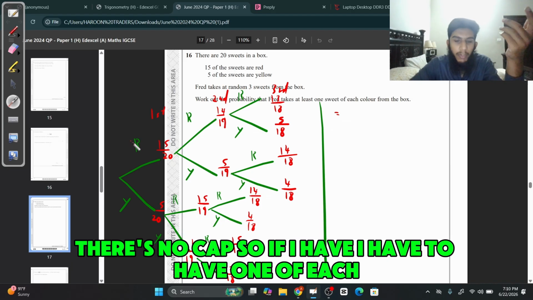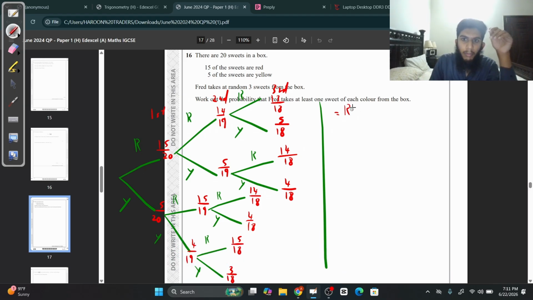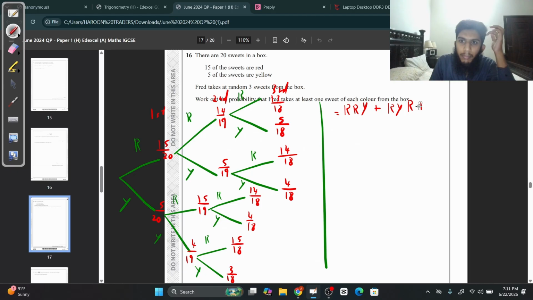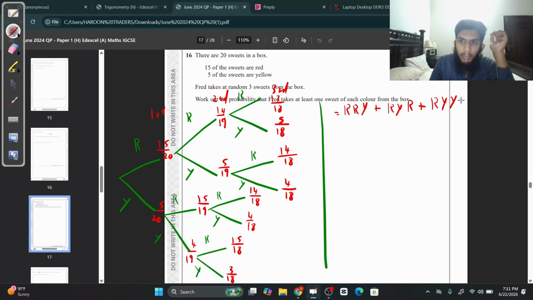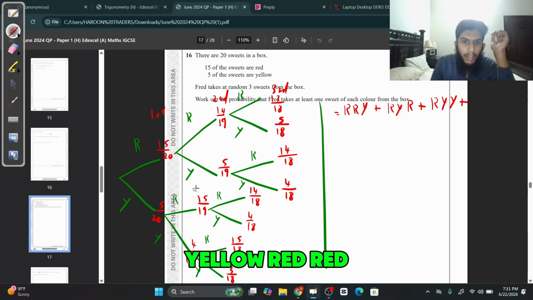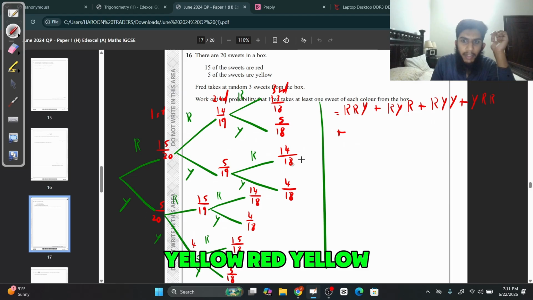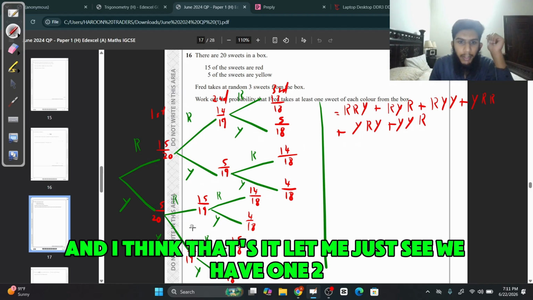So if I have to have one of each, that means we have red, red, yellow, red, yellow, red, red, yellow, yellow, yellow, red, red, yellow, red, yellow, yellow, yellow, red. And I think that's it.